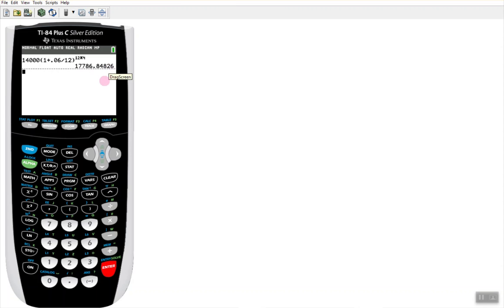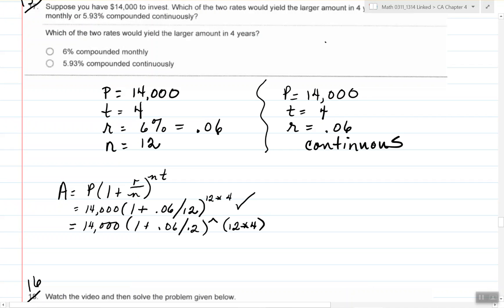Now, let's use the second formula, and I will bring this to my screen in just a minute. The second formula, when it is compounded continuously, is principal or present value times e to the rt. There, of course, is no n because it's compounding continuously.